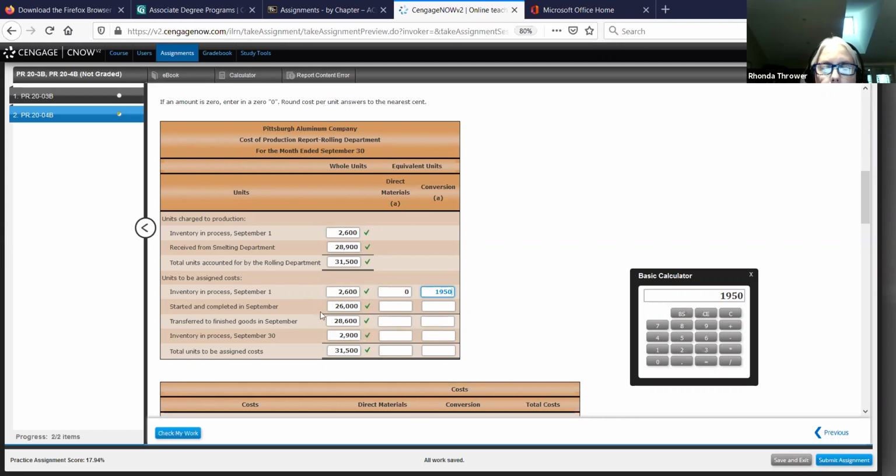So 100% of the 26,000 is going to be the equivalent materials that we need.